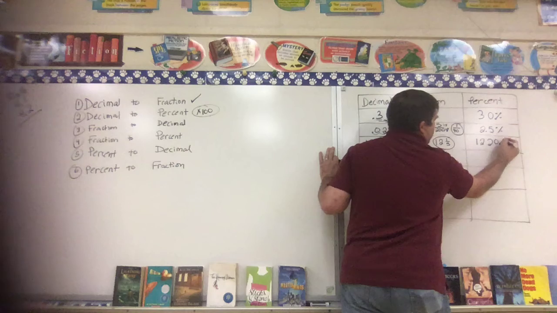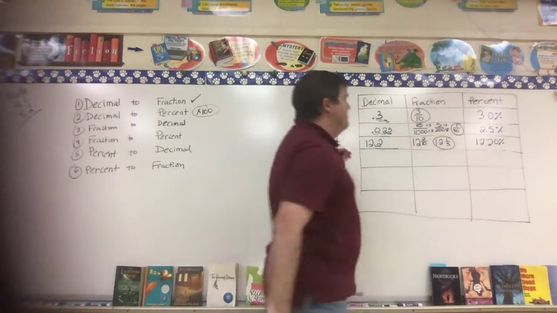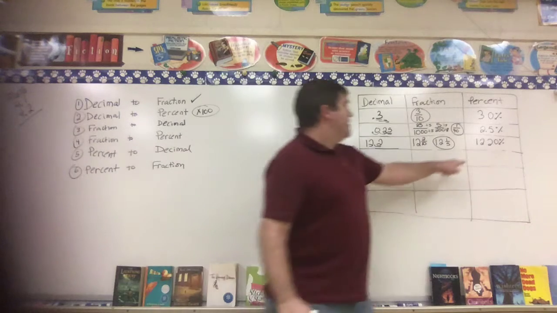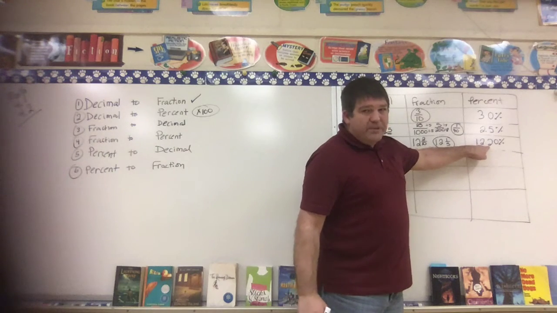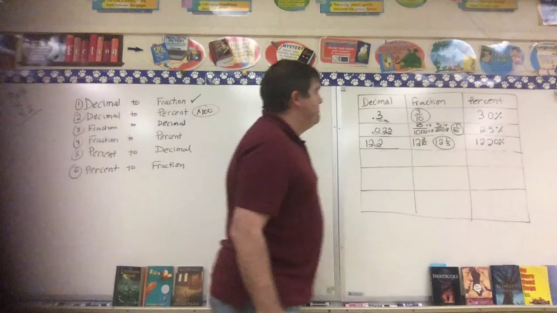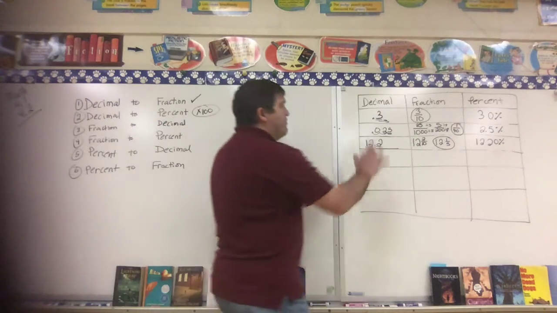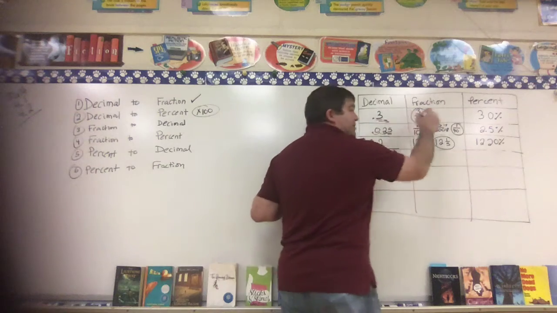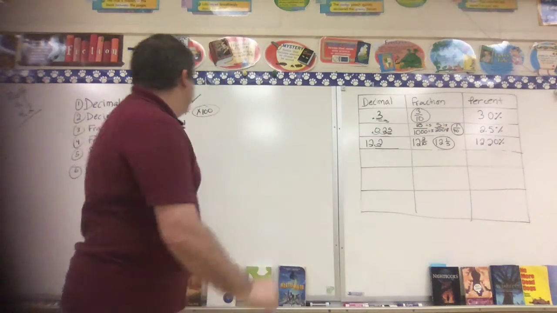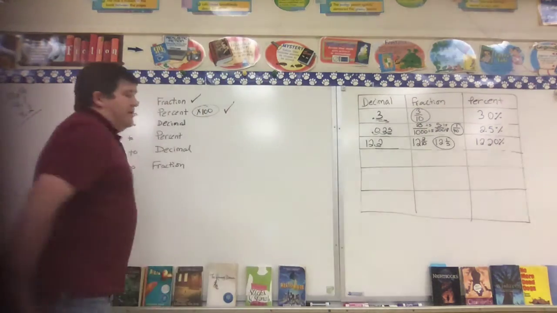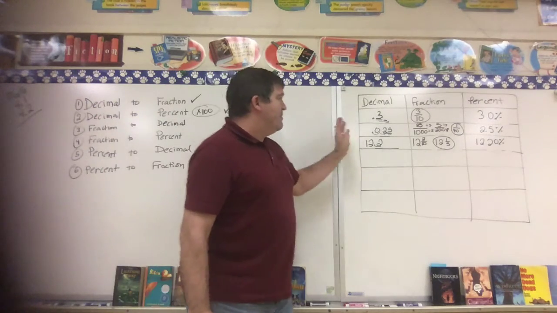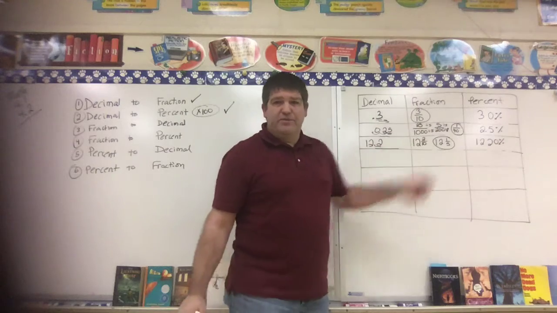Okay, and then I add my percent symbol. So that's a huge percent. 12.2 is 1,220%. That's big. So if you're going from decimal to percent, you just move it over 2 times. All right, hopefully we're good with that. If you have a decimal, you can take it to a fraction, take it to a percent.